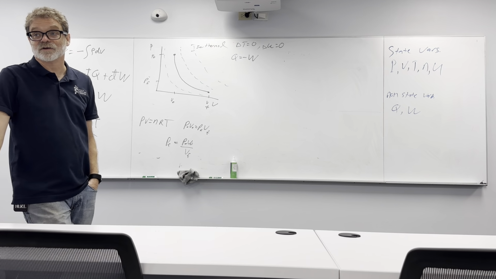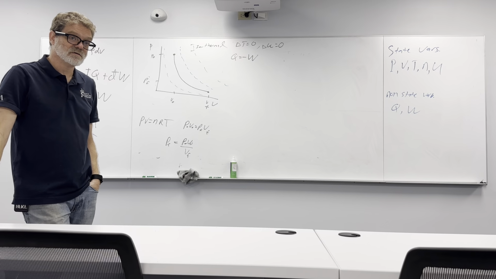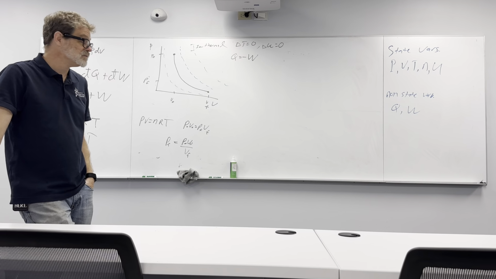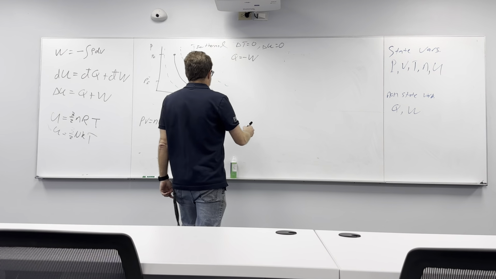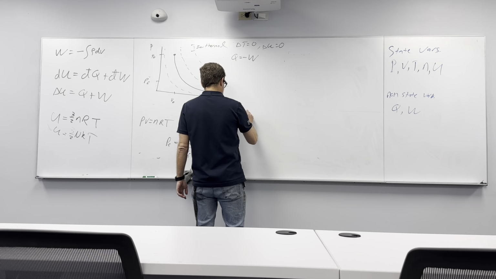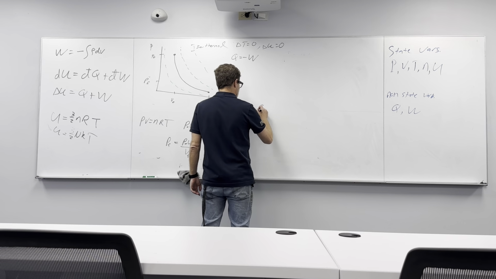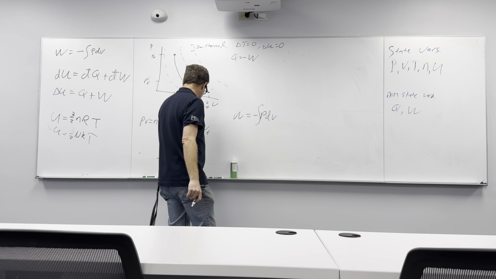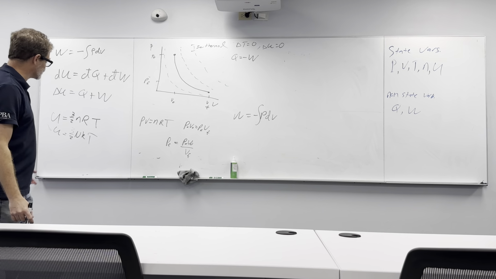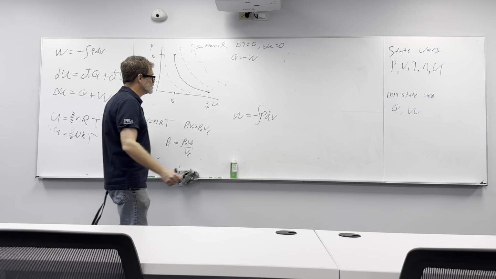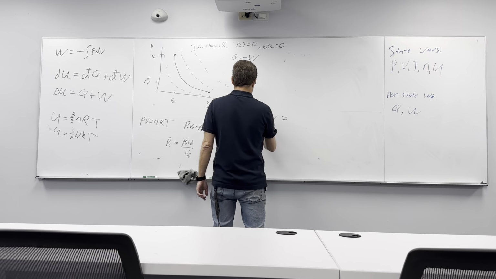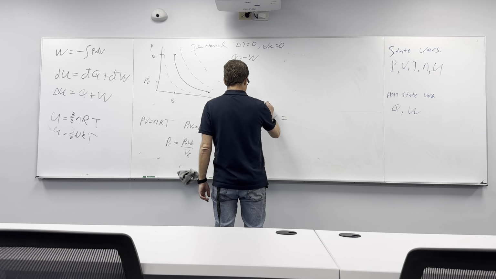Okay, how do I calculate W? Work equals minus the integral of P dV. I have to put P in terms of V, but I just use the ideal gas law. So this would be from V naught to V final.